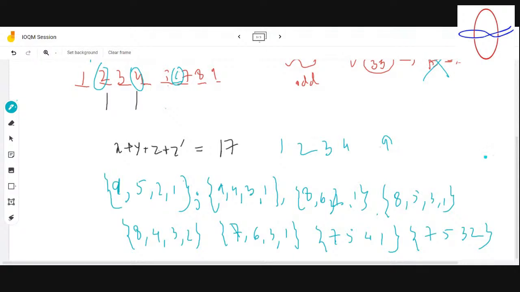And 6, 5, 4, 2. How many? 1, 2, 3, 4, 5, 6, 7, 8, 9. 9 options, right?